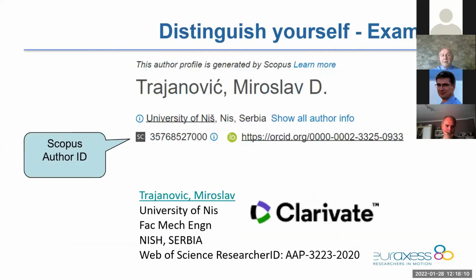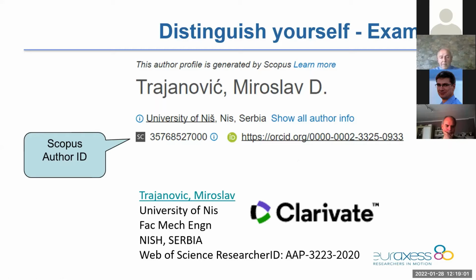As an example, I will show you my case. I have my ORCID ID. And also, when I'm logged in on Scopus, I can see my Scopus author ID in line with the ORCID ID. So you see that even Scopus, which has its own research ID, uses ORCID ID for identification of researchers.